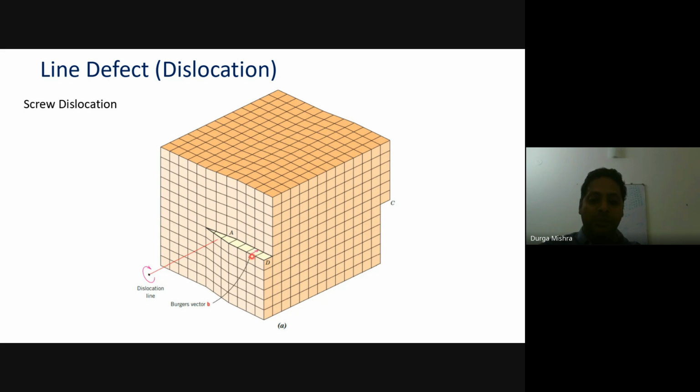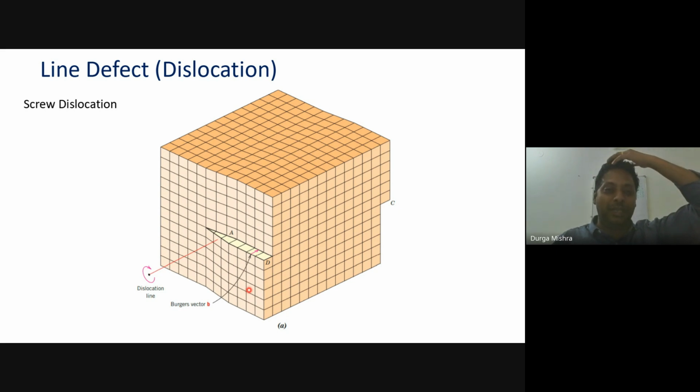This atomic distance represents the Burgers vector. Sometimes what you get is a mixture of these. In most cases when you look at dislocations, they are a mixture of both: you have an edge dislocation as well as a screw dislocation. Many times they exist together. It is not that you have only the edge or only the screw; in most cases both exist together.